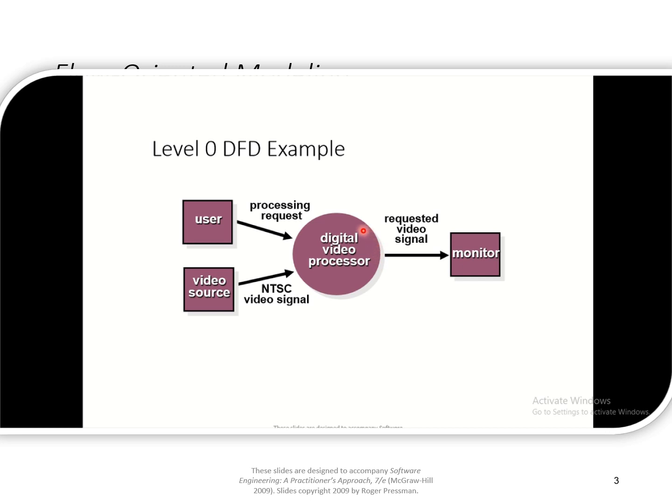System functionality is represented by a single circle indicating all the functionalities inside it. And these are the input values and the output values. So the level 0 diagram just highlights the inputs, outputs and the system as a whole unit.